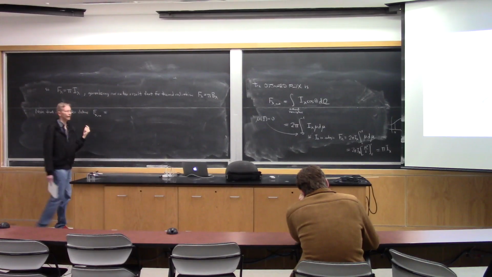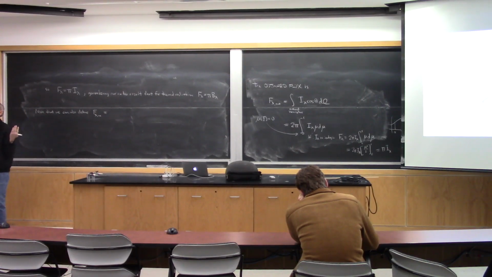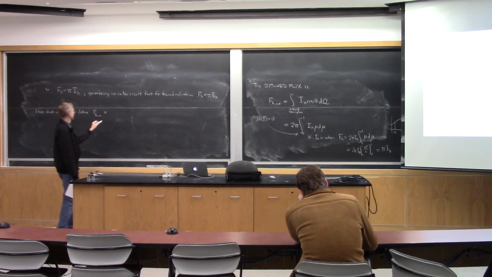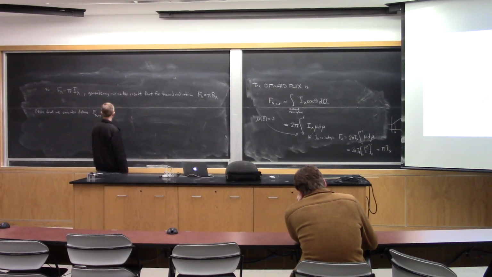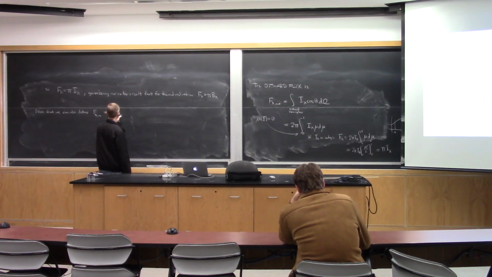Note we could also define the inward flux as opposed to the outward flux. And that would just be the integral over the inward hemisphere of I lambda cos theta d omega.